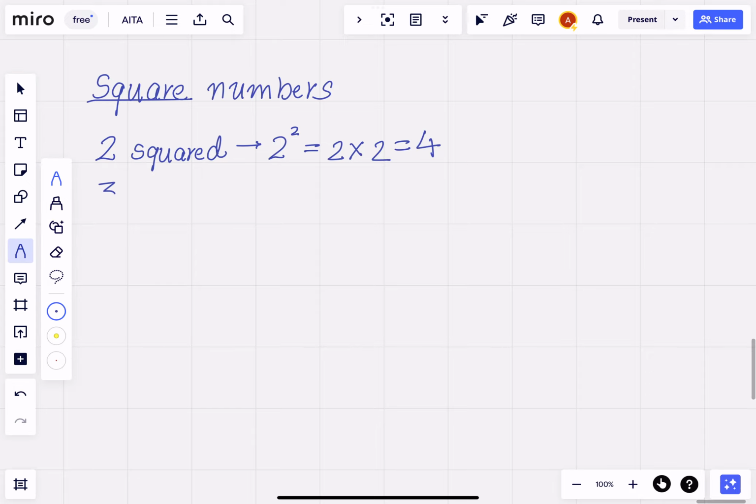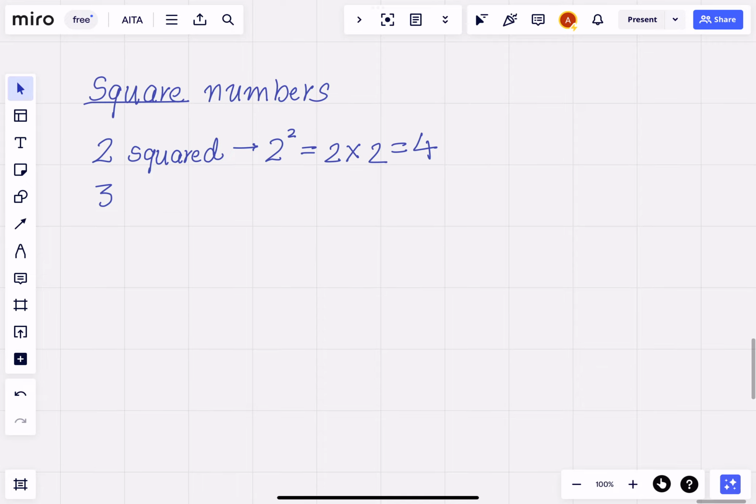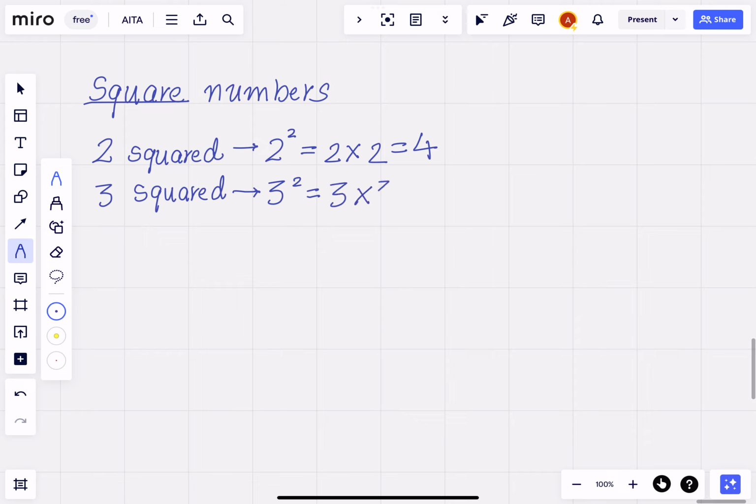Then we have got 3 squared. The way we write that is 3 squared is 9.